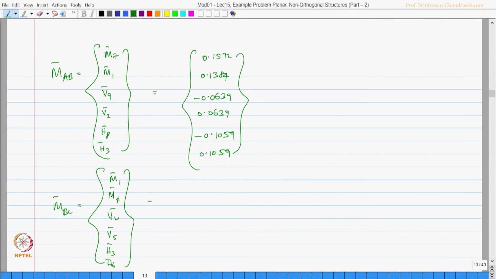Which will be equal to minus 0.1384, minus 0.1174, minus 0.0639, plus 0.0639, 9.8941, minus 9.8941. Let us see how the computer program works.